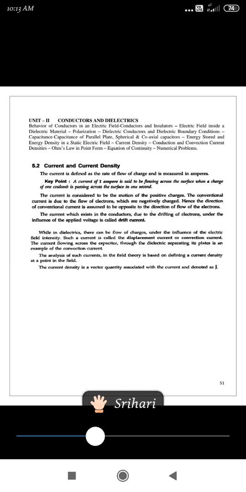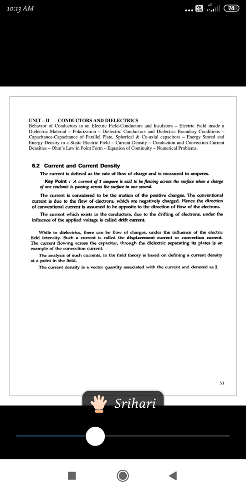Whatever the voltage that influences the drifting electrons, we can say that is a drift current.